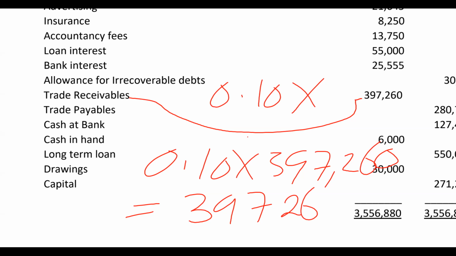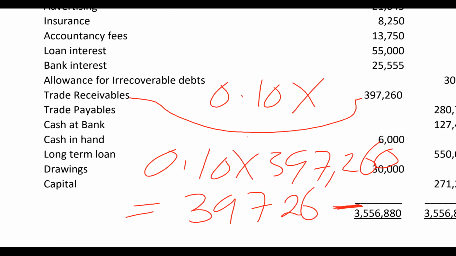There's no zero somewhere? Okay. 39,726. So this is the allowance for irrecoverable debt. Now, that has occurred in this period. So what you do, you subtract the allowance for irrecoverable debt that you have in the trial balance.